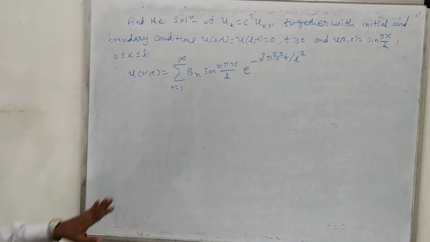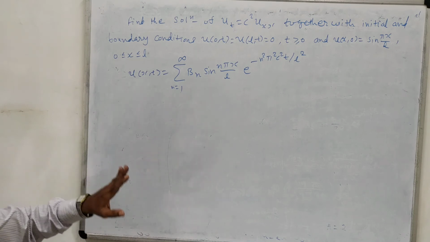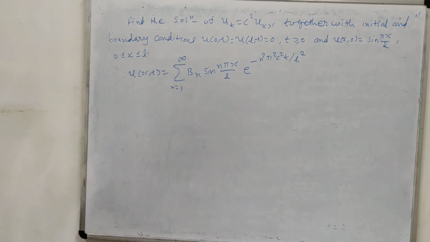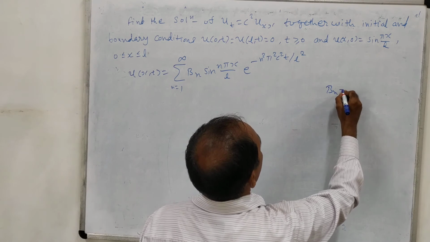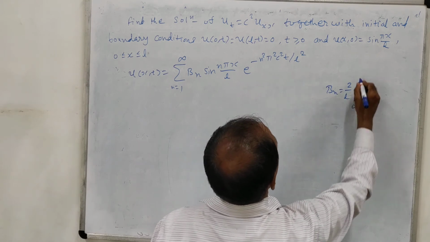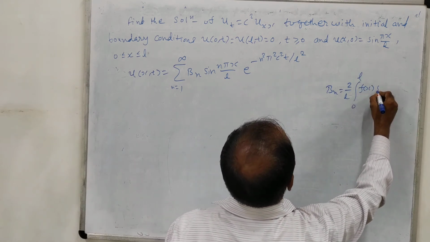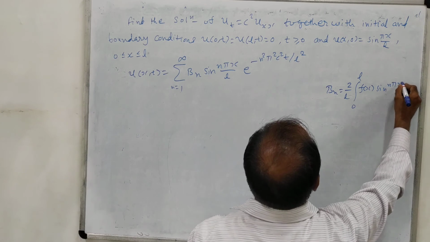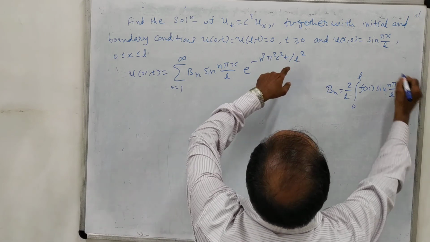Okay? So bn can be obtained by using the formula 2 upon L integration 0 to L f of x into sine n pi x upon L dx, where f(x) is given by this one.